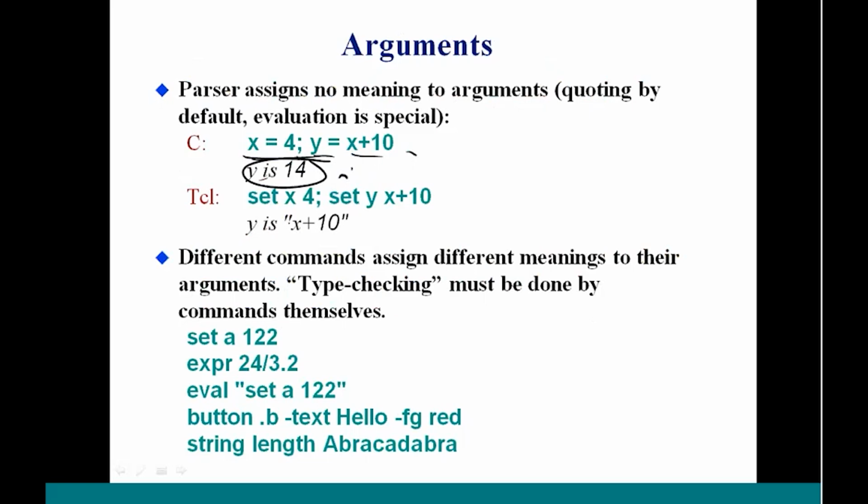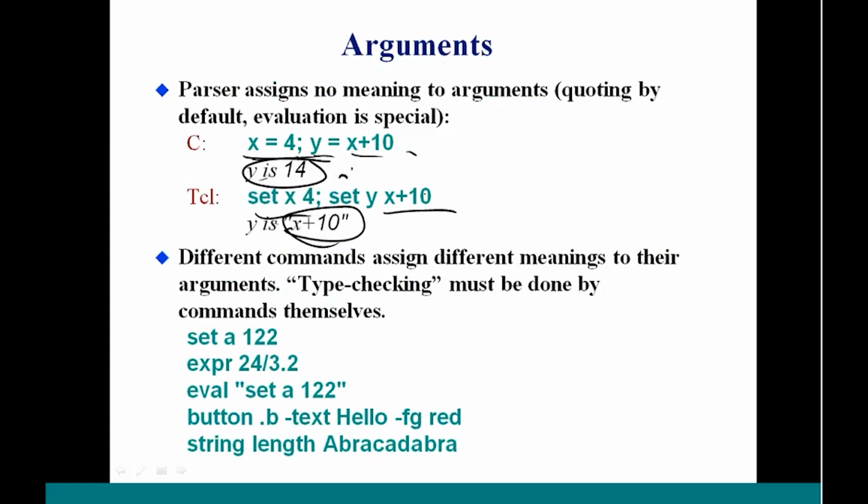Whereas in Tcl, if you say set x 4 and set y x plus 10, the x plus 10 is just retained, and you just get that same string. And the different commands assign different meanings to their arguments.